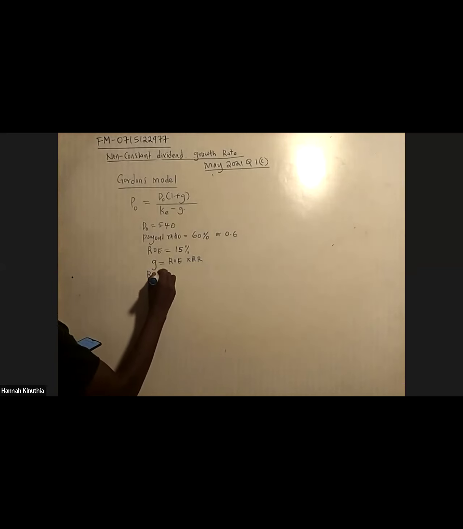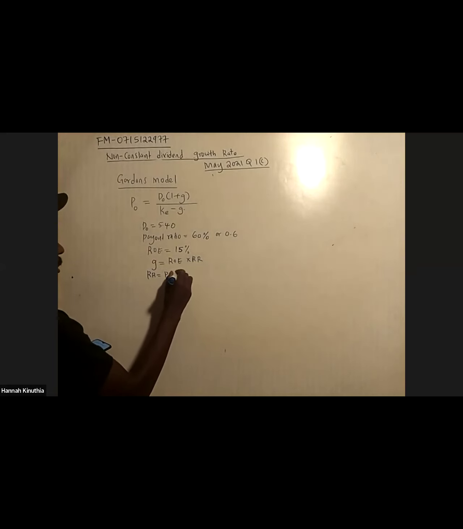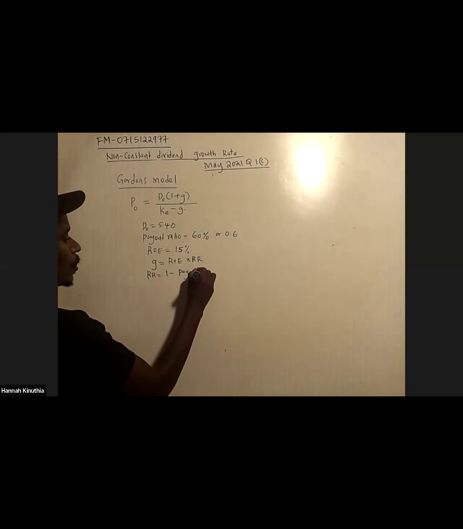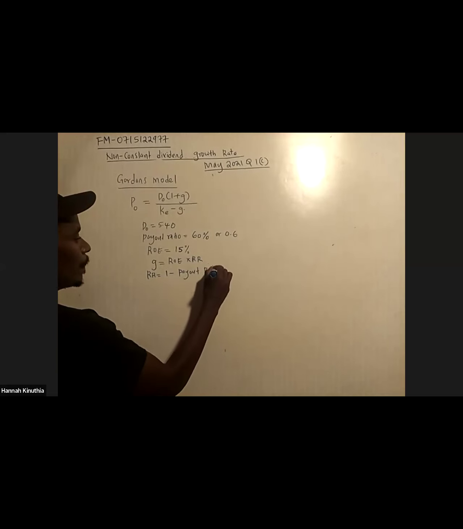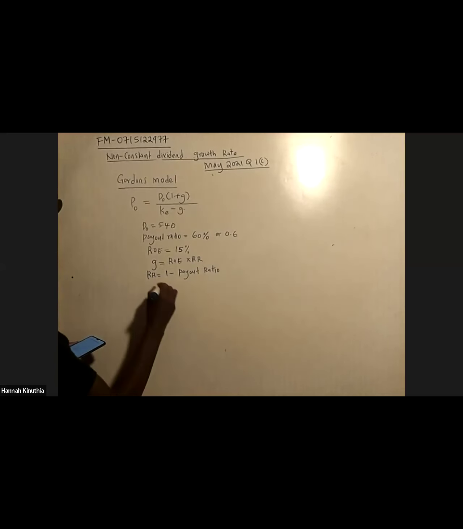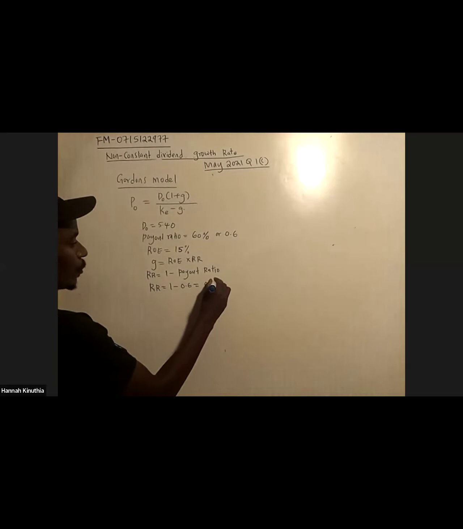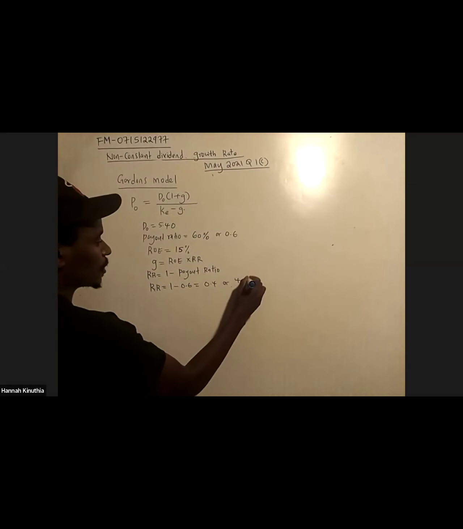Our retention ratio is equal to 1 minus payout ratio, so it is 1 minus 0.6, which is 0.4, or 40%.